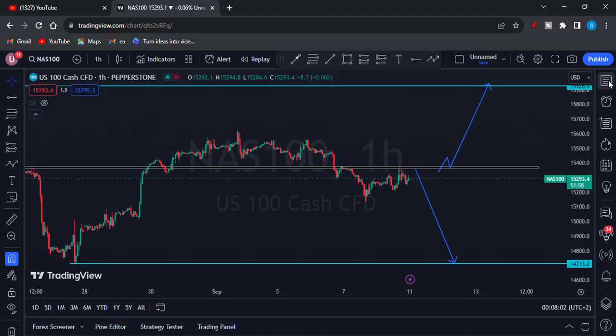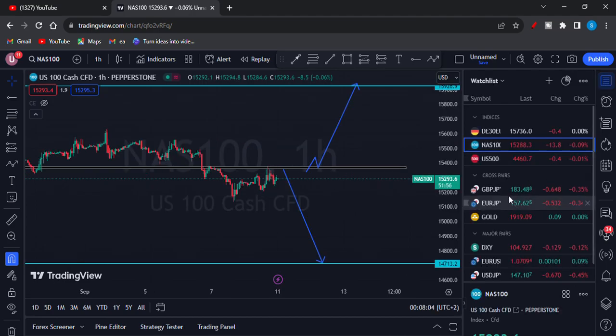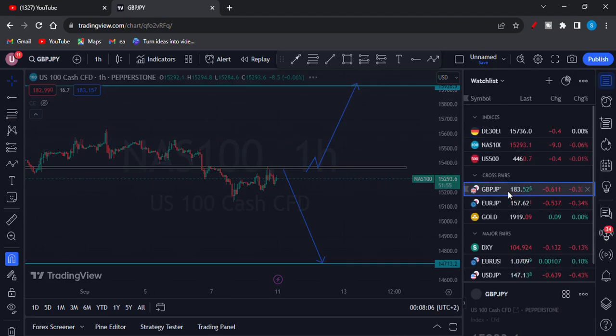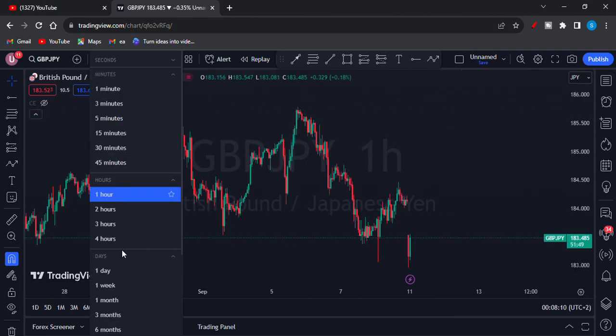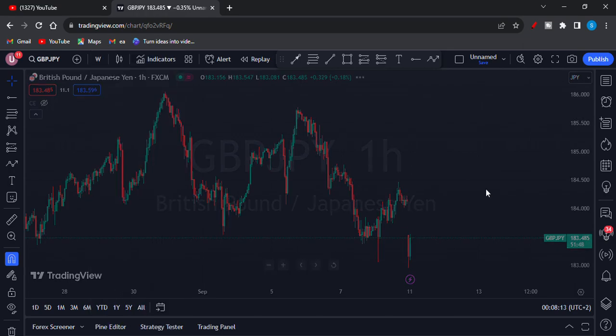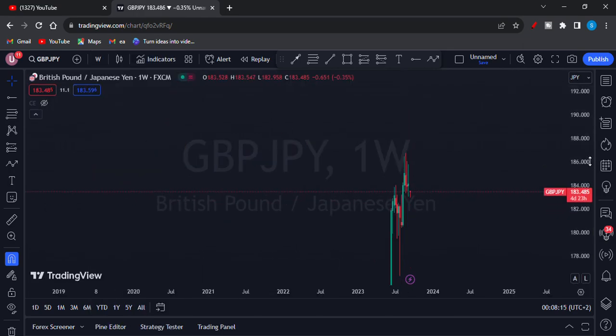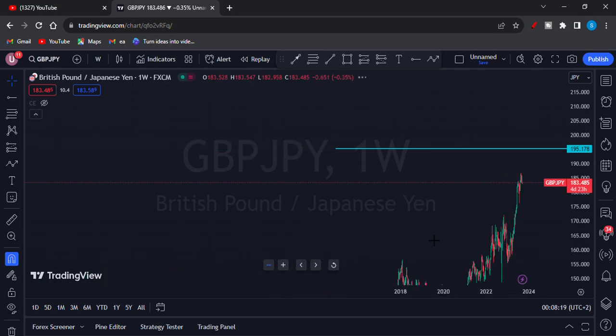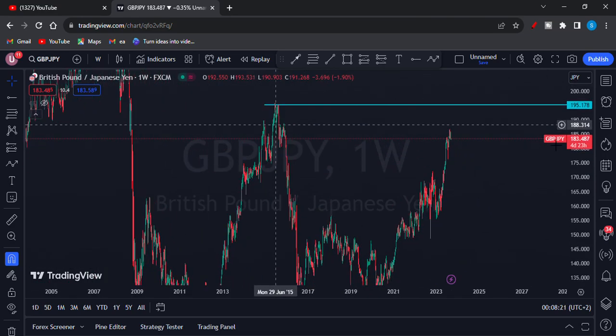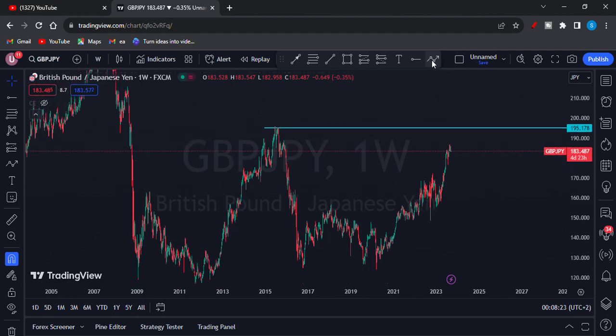And then let's go to GBPJPY. And then on a weekly, let's find the overall trend for the weekly.